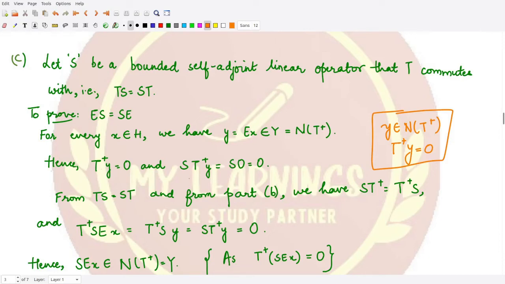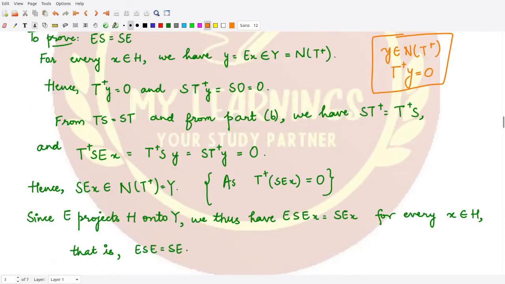And if you take S T positive y, we have proved that this thing is nothing but 0. So you have 0 in place of this thing, and what is S of 0? S being a linear operator would surely give you 0 here, right? And moreover, by our assumption that TS is equal to ST, we have assumed that S commutes with T, and from part B, because S commutes with T, it would also commute with T positive according to part B, right?